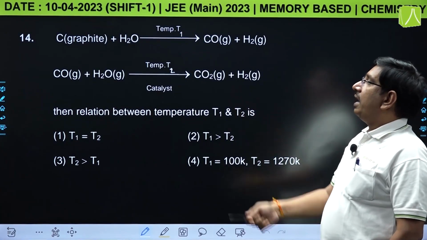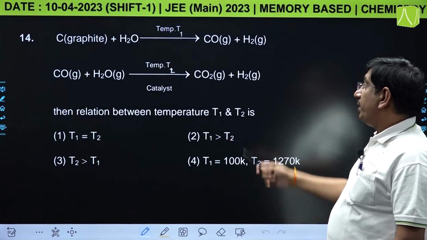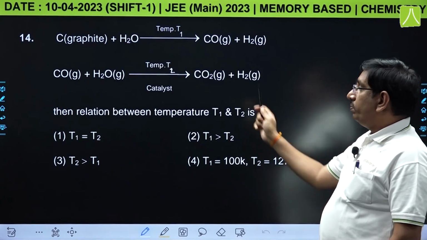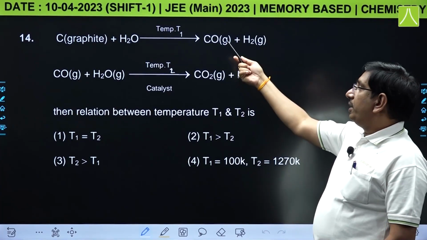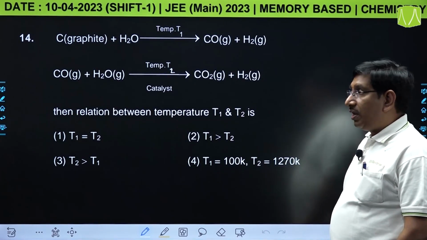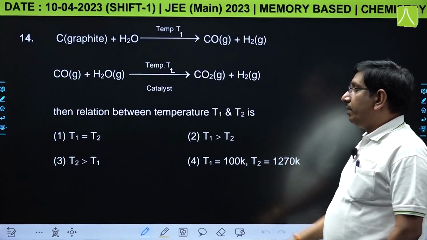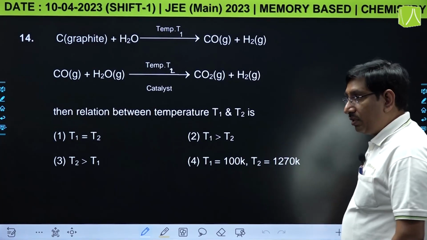The next question: graphite plus water gives CO plus H2, and CO plus H2O gives CO2 plus H2, and here the temperatures T1 and T2 are given and the relation between T1 and T2 is asked.